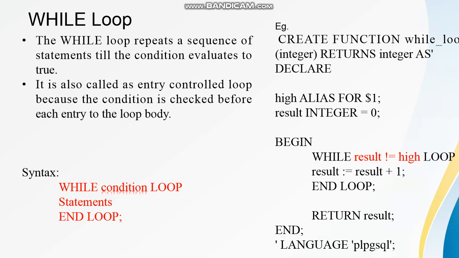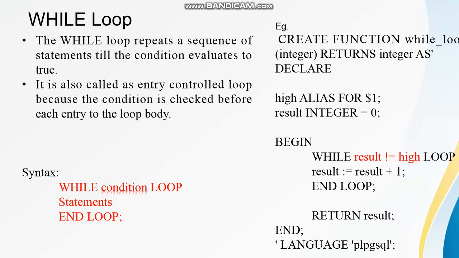At the right you can see the function is written. Here we can see the integer data type is passed in the create function command. Two variables are taken, high and result. Result is of data type integer, high is also of type integer, and result is initialized to 0.